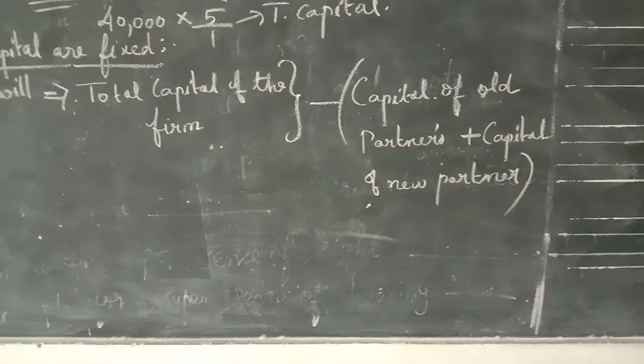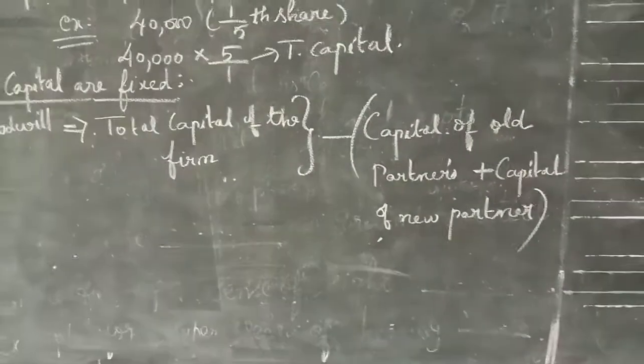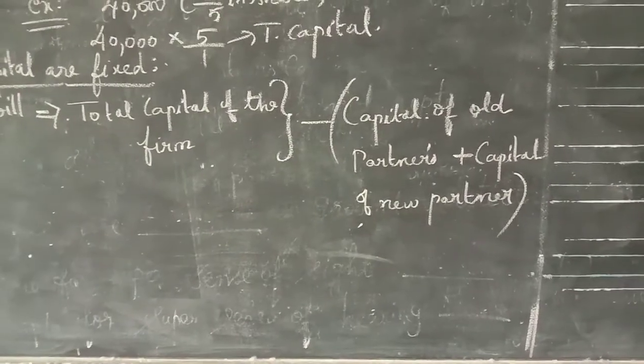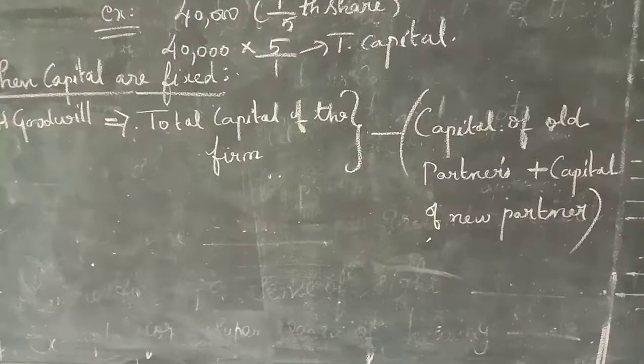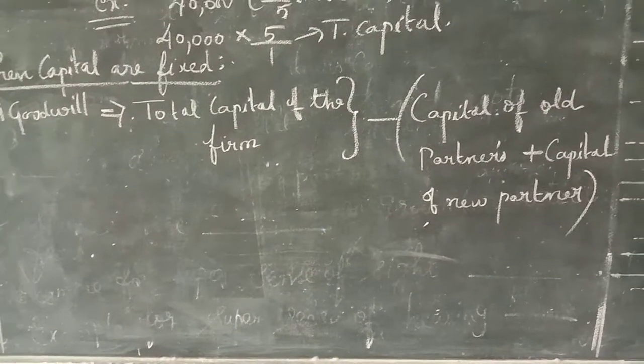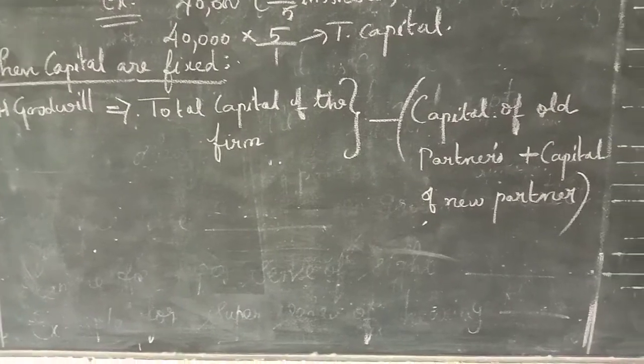Adding the capital of the old partners and the new partner, we get the combined capital. That combined capital is to be subtracted from the total capital of the firm, and we will get the hidden goodwill.